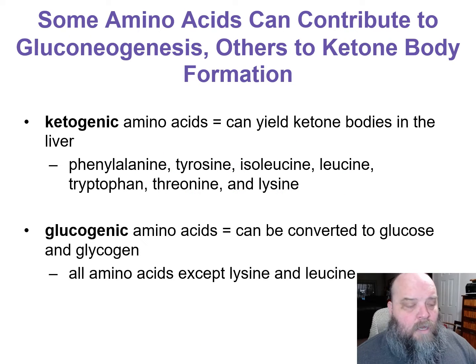Notice they were color-coded, ketogenic and glucogenic. Ketogenic means they're going to yield ketone bodies. We talked about ketone bodies last chapter, at the end of chapter 17: the acetone, acetoacetate, those things.